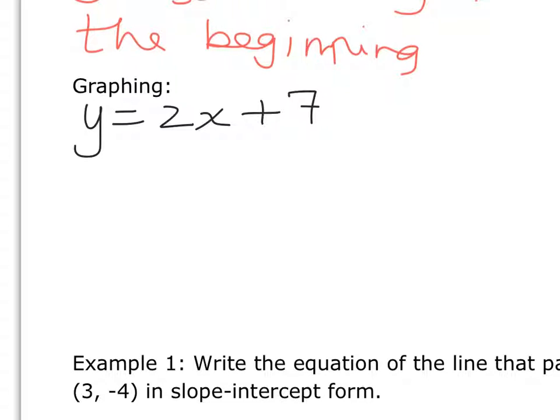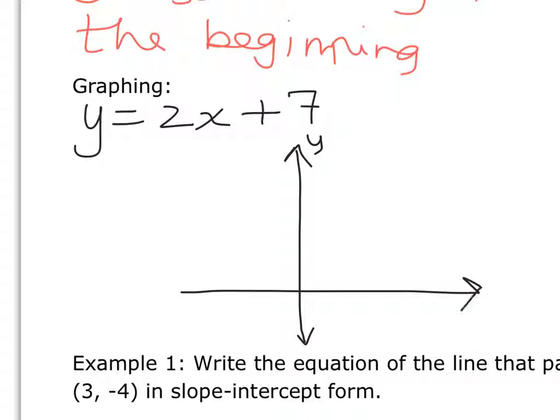So what we're going to do is sketch this. So I'm going to draw a y-axis. I'm going to draw an x-axis. Where am I beginning on this y-axis? 7. So it's kind of high up there, right?